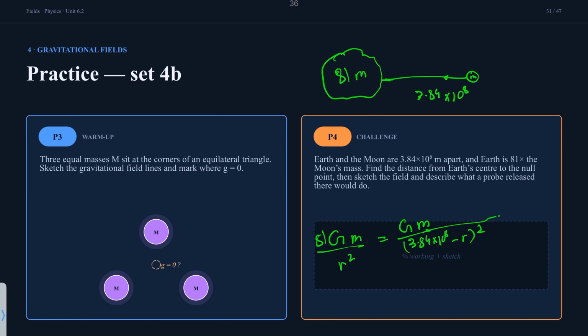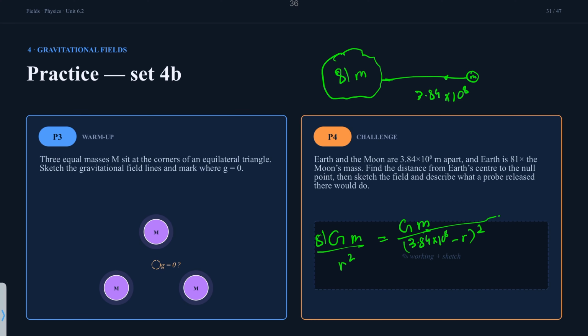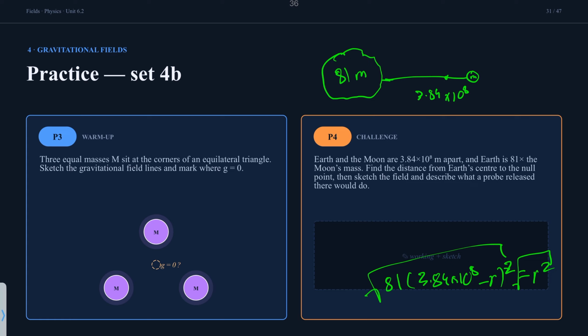Okay. And you can divide out both the G's and the m's. Same steps we did last time, right? 81 times (3.84 times 10 to the 8th minus r) whole squared is equal to r squared. Take the square root of both sides, and you'll end up with r equal to 9 times (3.84 times 10 to the 8th minus r).